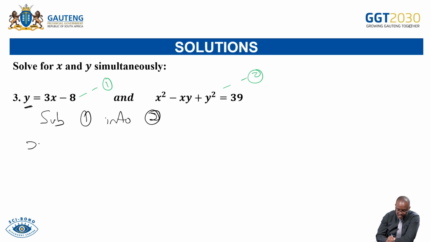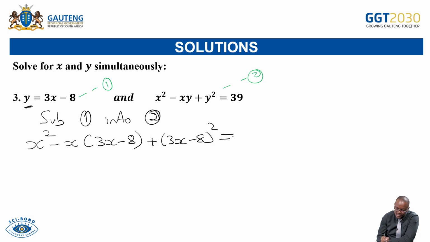So we have x squared minus x into 3x minus 8 plus 3x minus 8 squared is equal to 39. So now we have x squared.